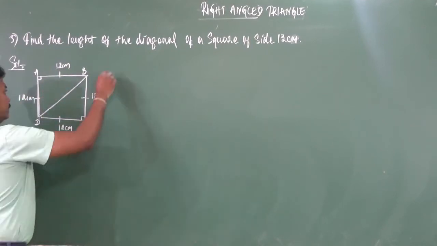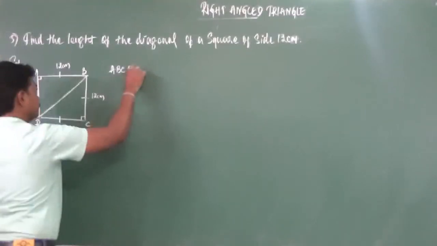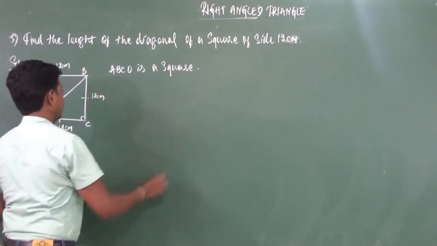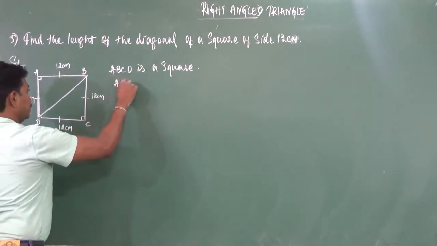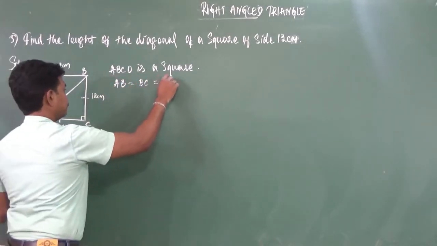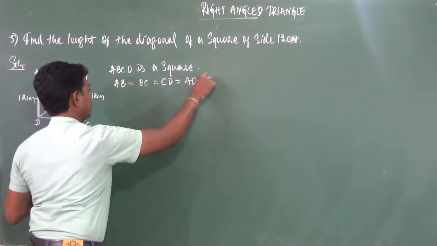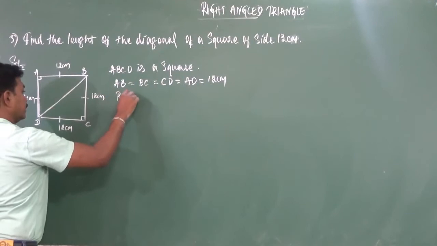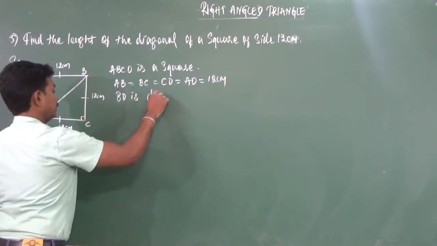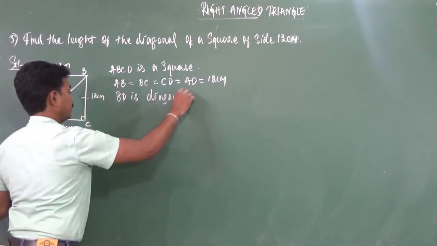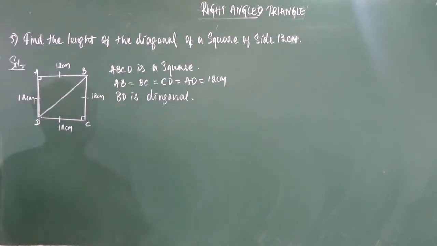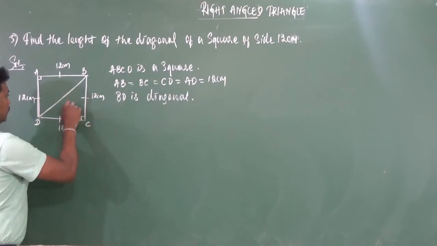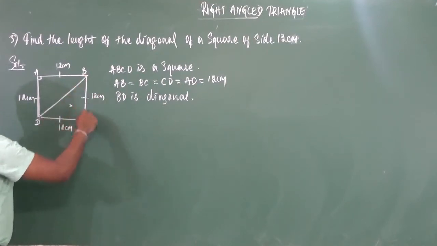Very simple. ABCD is a square. So AB is equal to BC is equal to CD is equal to AD is equal to 12 centimeters. BD is the diagonal. Now, let us take triangle BCD.